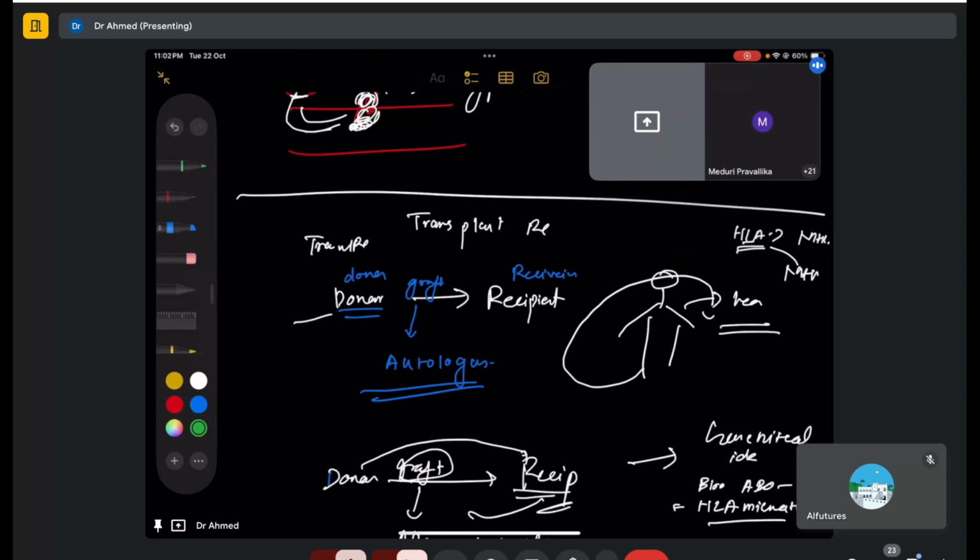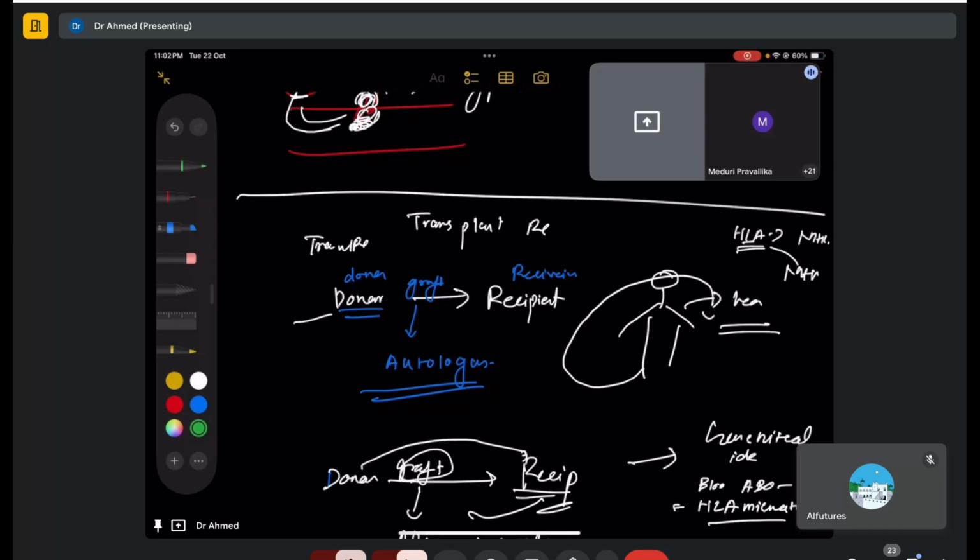The autograft, or autologous graft, is a graft in which the patient himself becomes both donor and recipient. Can you give us an example? Saphenous vein graft replaced with coronaries.